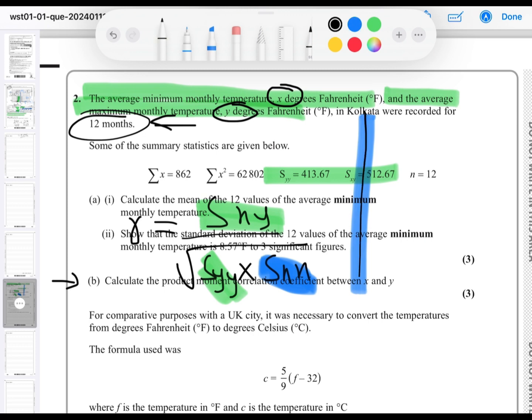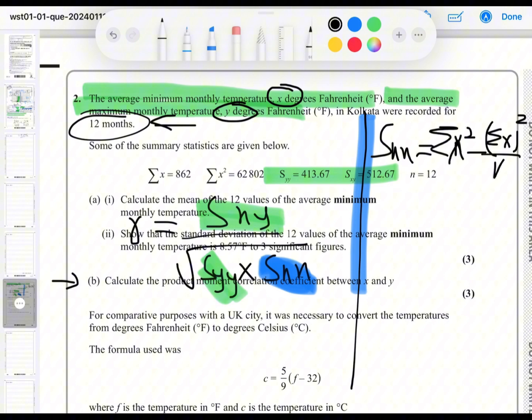The formula for this is also in your books: the summation of x square minus the square of the summation of x, upon n.